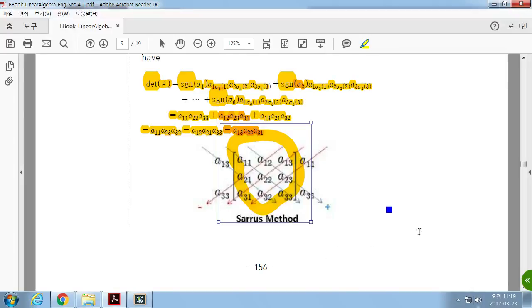You have 3 terms here, each a product of 3 entries, which gives you A12, A21, A33, A13, A22, A31, and so on, with minus signs because they correspond to the odd permutations.